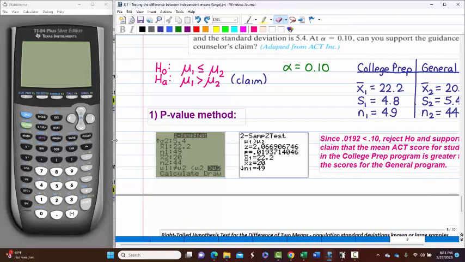Two sample z-test. The first standard deviation is 4.8.